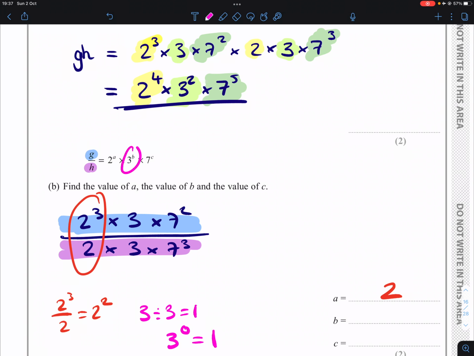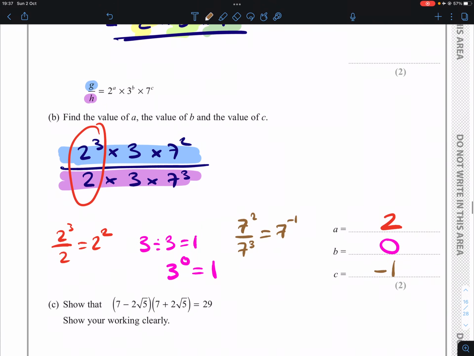So that means that our power of 3 is 0. And lastly, we have 7 squared divided by 7 cubed, which written as 7 to the power of something would give us a 7 to the power of minus 1. So c, our power of 7, is minus 1.